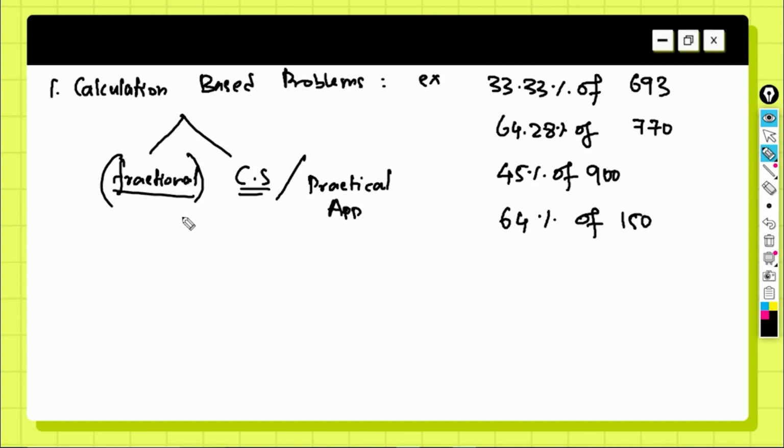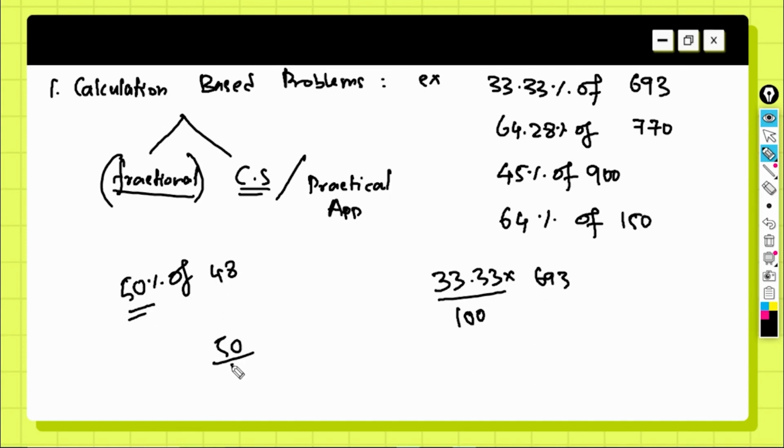Let's say I ask you what is 33.33 percentage of 693. You might write it as 33.33 by 100 into 693, then multiply and do the math. But if I ask you what is 50 percentage of 48, we'll not generally do it this way, 50 by 100 into 48.